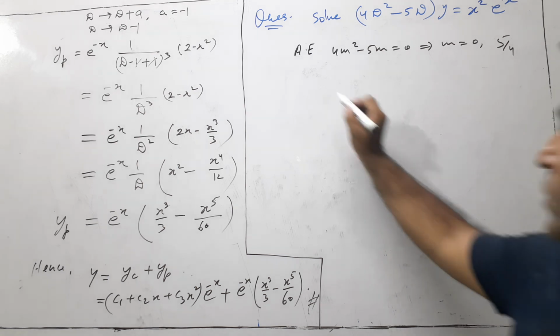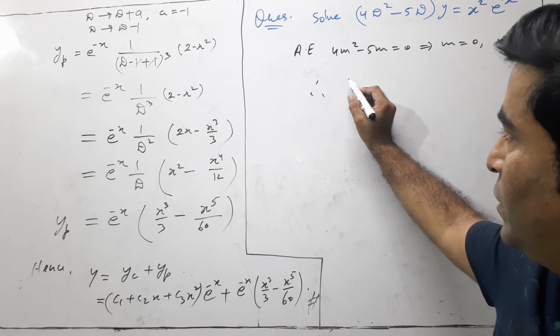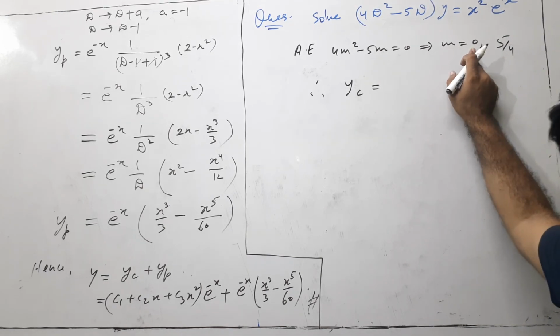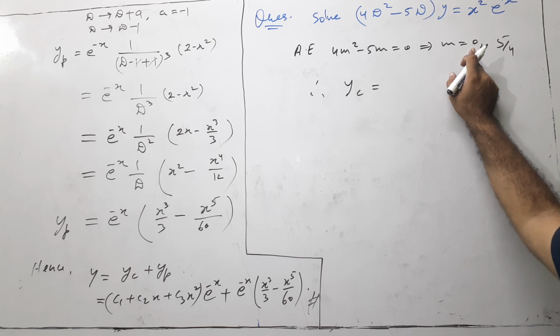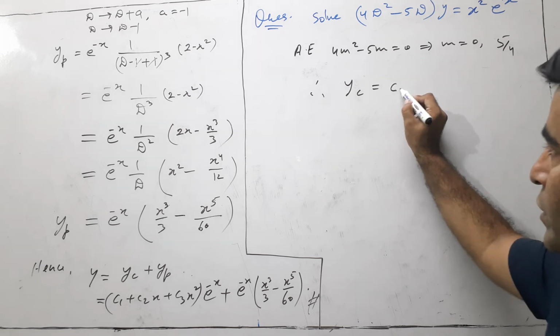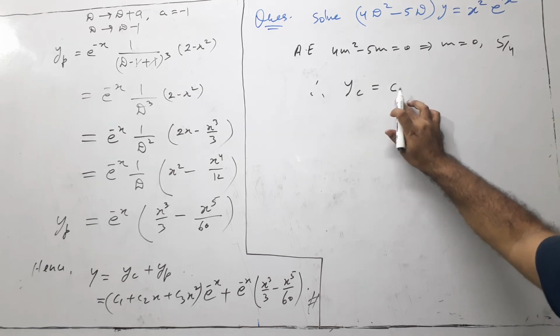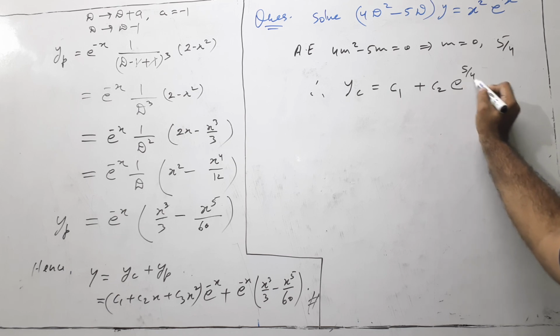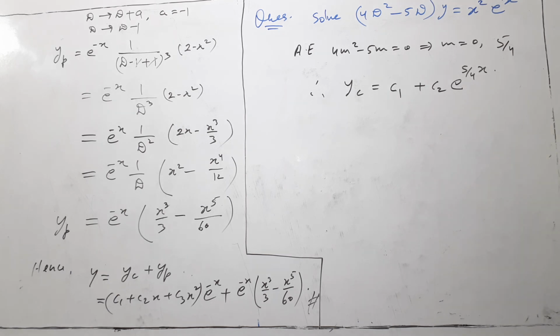Therefore the complementary function yc: for m equal to 0, c1 e to the power 0 into x, which becomes 1, so we have c1, plus c2 e to the power 5 by 4 into x. This is the complementary function.